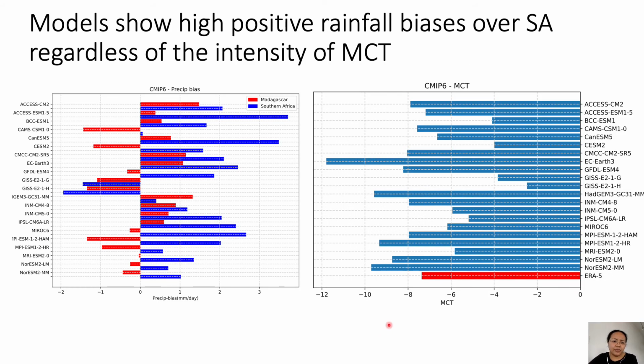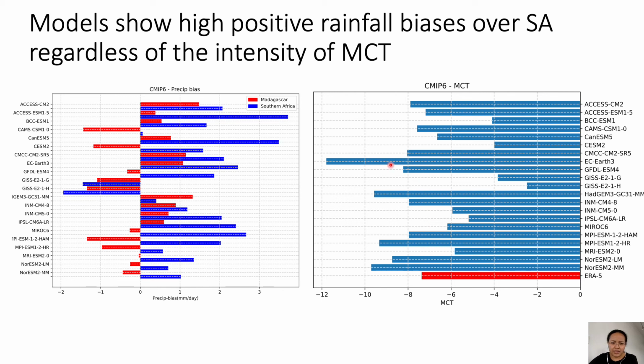Now, if I put these two together, this is the rainfall bias, and this is the CMIP6 MCT. There isn't really any link, the link that we showed in the previous study. The models show high positive rainfall biases over Southern Africa, regardless of the intensity of the MCT.